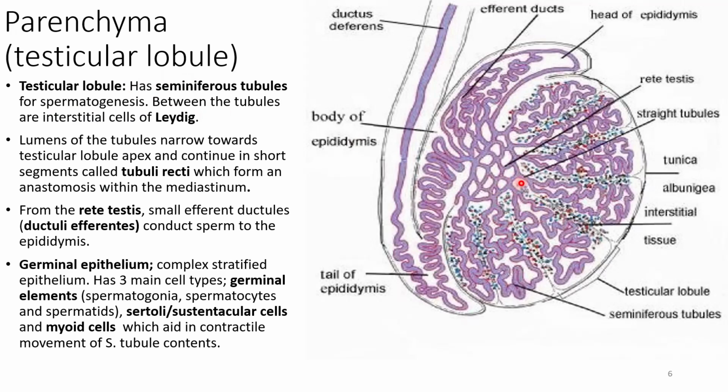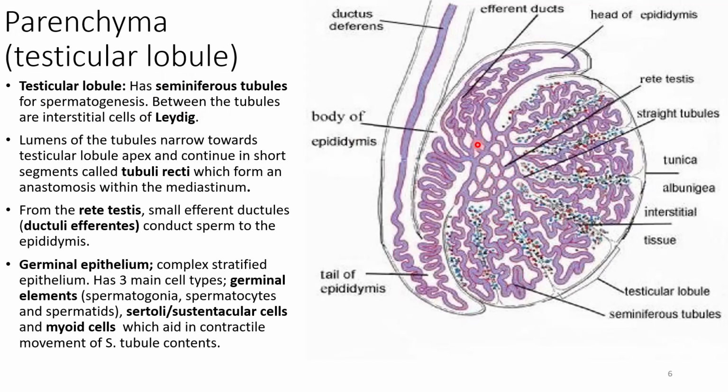And then the lumen of these seminiferous tubules will open using the tubuli recti, the straight tubules, to the mediastinum. It will open here to form the rete testis.